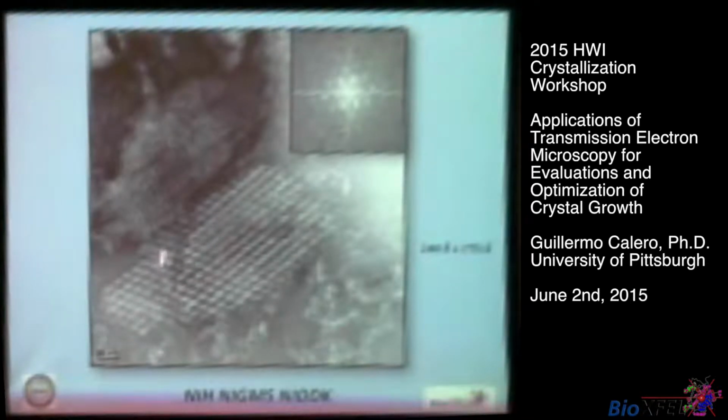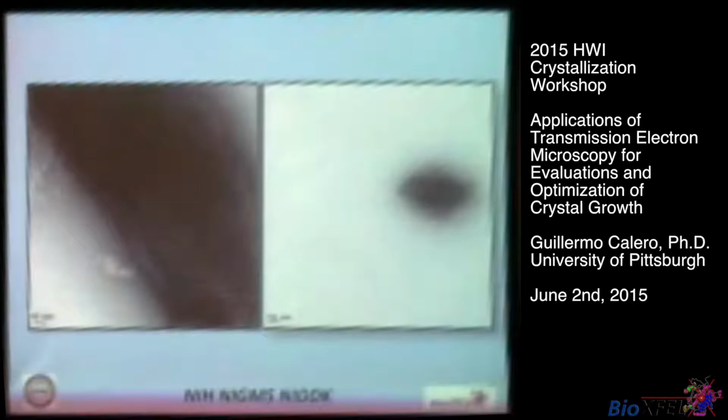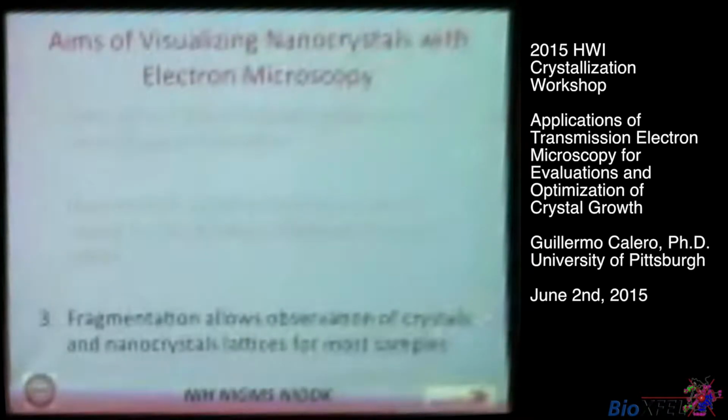So for this one, you're talking about very few particles in this lattice. We were also able to see very large fragments like this, or very small fragments like this. This is 50 nanometers, so this is probably, I don't know, 150 by 100. So we were very excited about this.